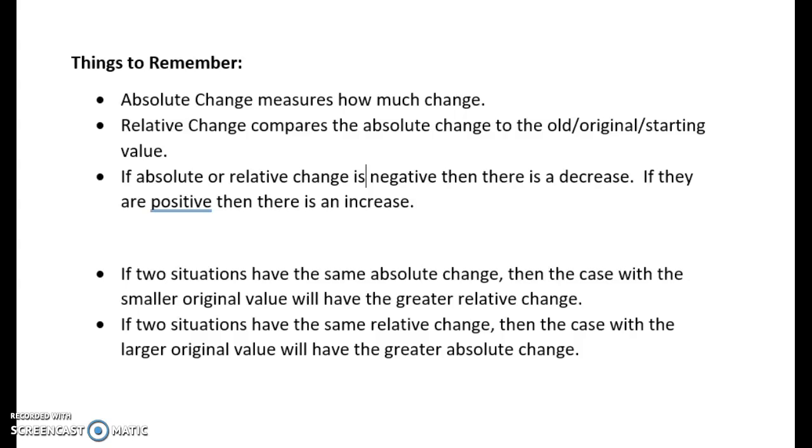The population of Texas is quite large. So if they both change by 1 million people, that 1 million people is going to have a larger impact on the smaller state of Rhode Island because they had a smaller original population. So they will experience a greater relative change or relative increase.